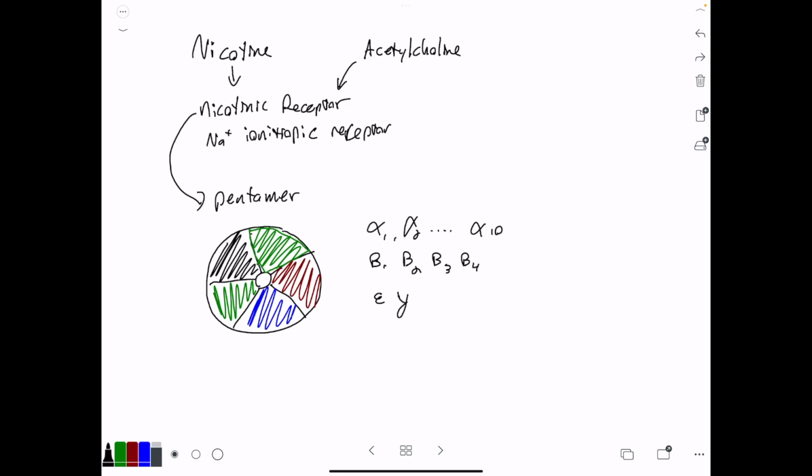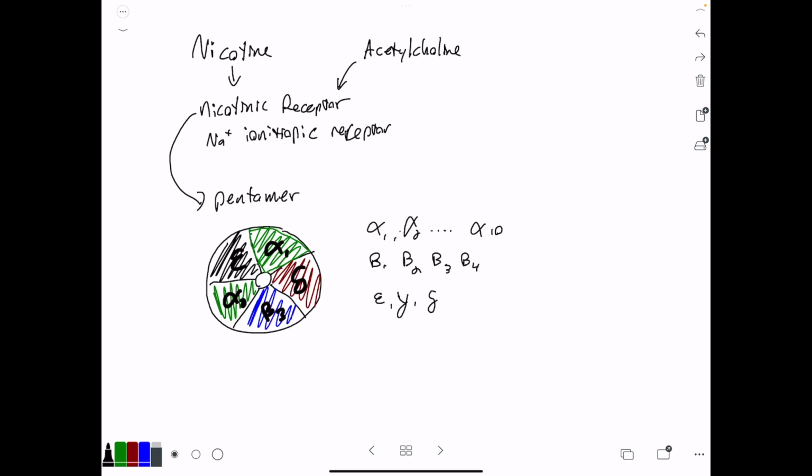I'm not very good at my Greek alphabet here. And delta, that's the one that I was trying to find. And so different types of subunits, right? And so this might be alpha 1, and this is an alpha 2, and a beta 3, and a gamma, and an epsilon, perhaps. And so we can have different nicotinic membranes made up of these different protein subunits.